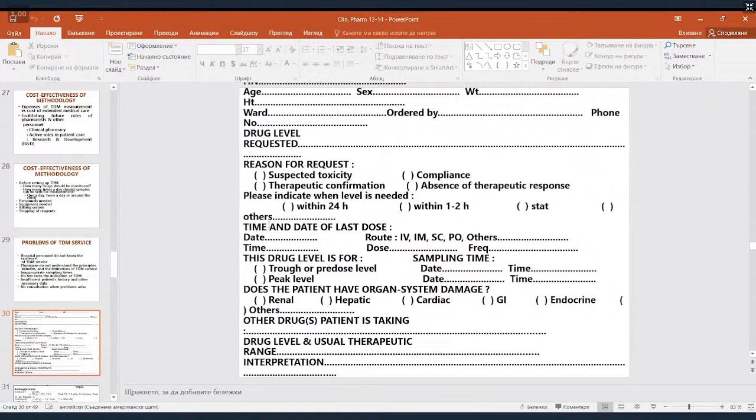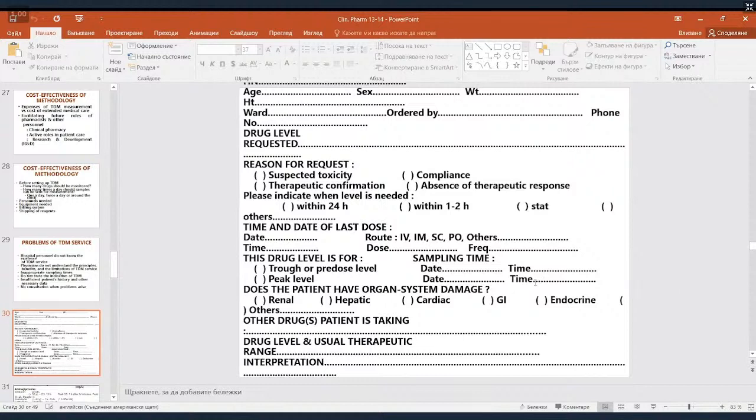And this is very important. Time and date of last dose. When the drug was exactly taken, and I mean to the minute. Was it taken at 8:05? Was it taken at 7:31 or 7:39 maybe? Was it given intravenously, subcutaneously, or in some other way? And when the sample was taken, so sampling time, date and time exactly.